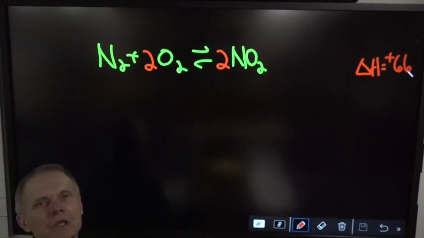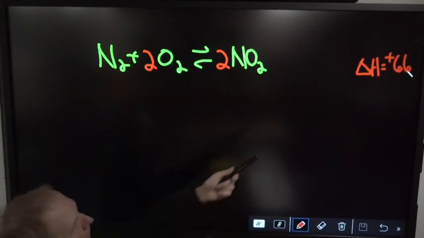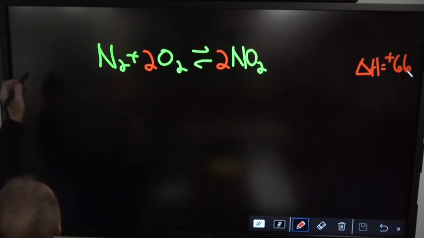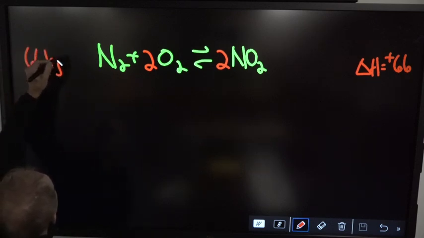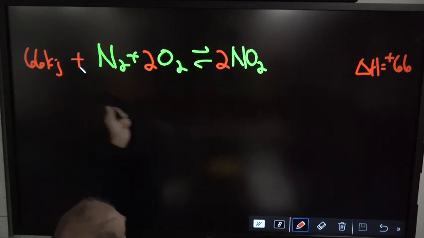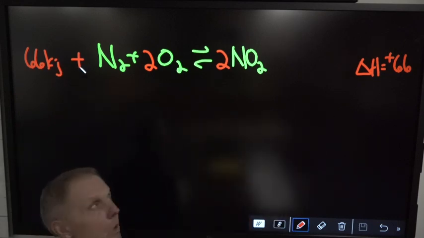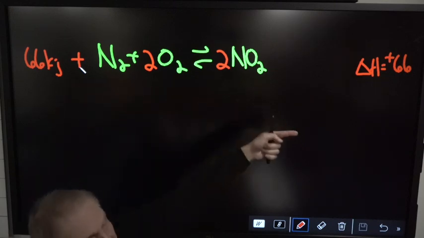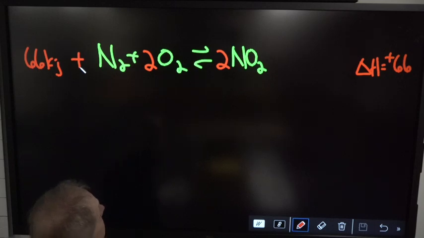Endothermic means you have to put the energy on the reactant side. So that plus 66 would look like this. 66 kilojoules plus. So that is what this reaction would look like. Okay? So this is a synthesis. It's endothermic because delta H is positive.